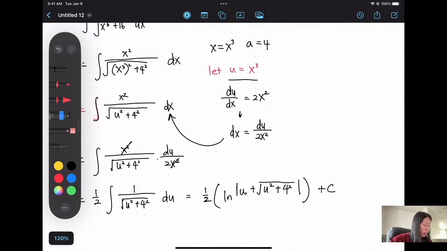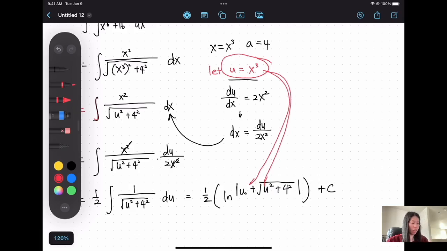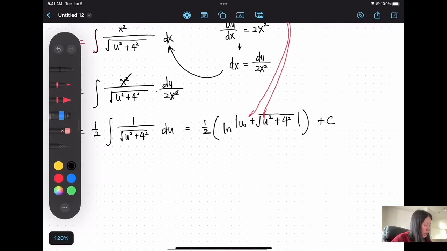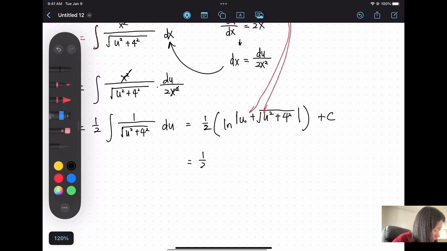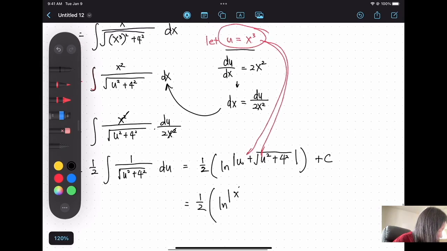Whenever we see the u, we need to substitute u equals x cubed back into the function to finalize it. So this part is equal to ln absolute value of x cubed plus the square root of x to the 6th power plus 16, absolute value, plus the constant term.